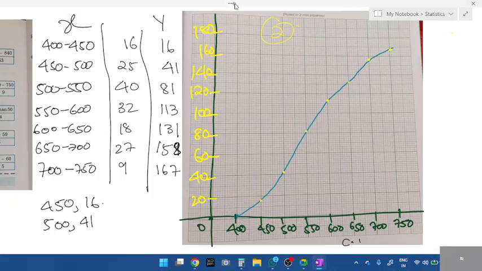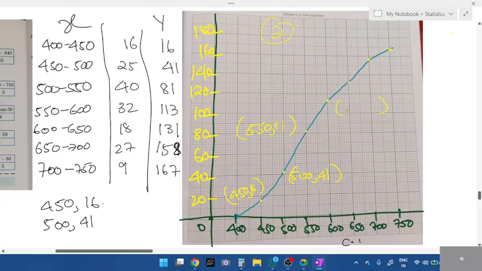Okay, once you complete, write all the values, students. What are the values we have taken? Can all of you respond? First value is 450 comma 15. Second one, okay, write it like this. One left hand side, one right hand side. It will look neat. Next, 550 comma 81.